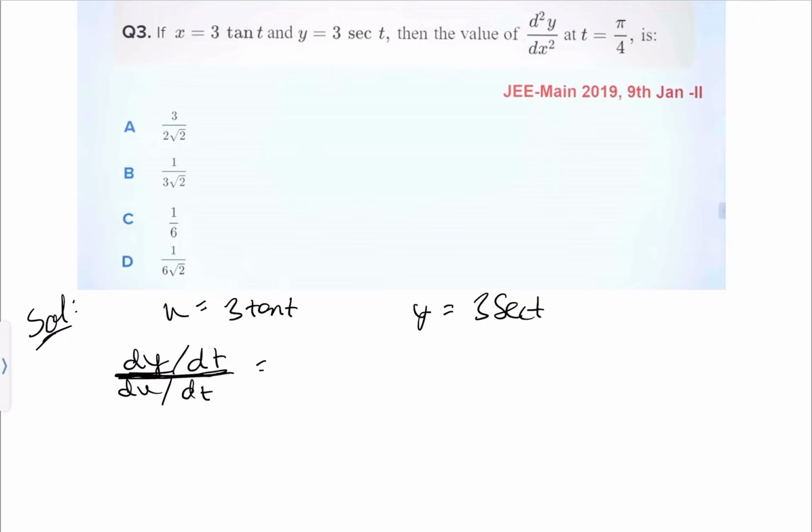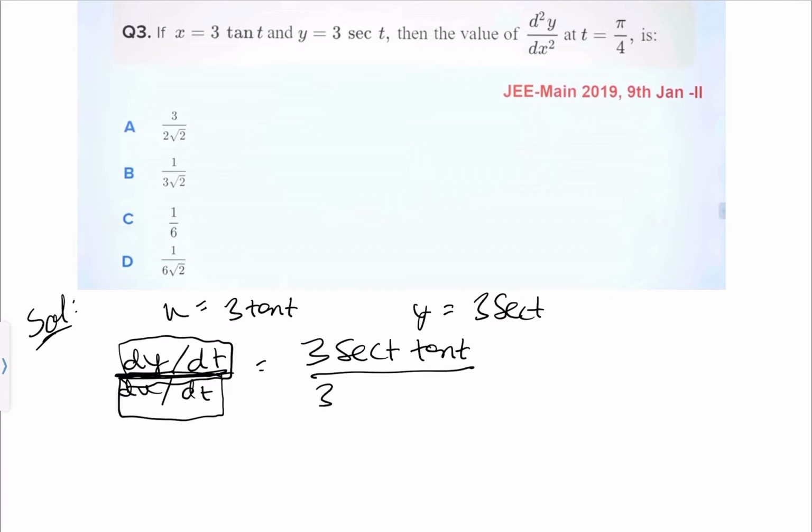So what we will get is, first we will differentiate. Now what this says is, we are dividing the differentiation of y with respect to t by the differentiation of x with respect to t. So what we will get is thrice of t times tan t upon thrice of the differentiation of tan t, which is sec square t.